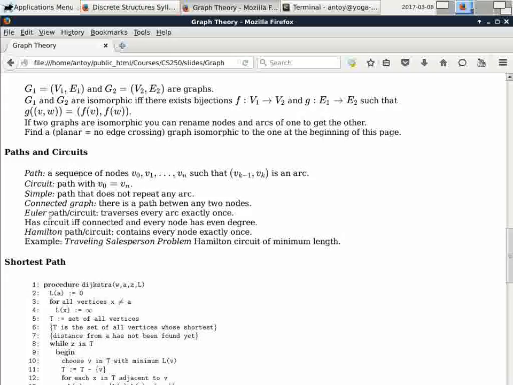So, we say that a graph is connected if there is a path between any two nodes. So, can I show you an example of a graph which is not connected?